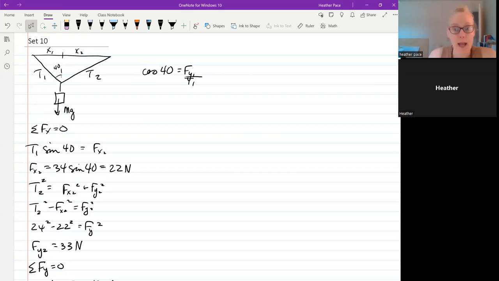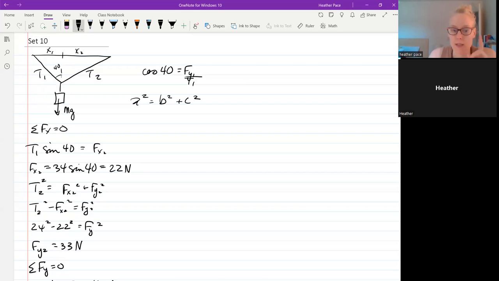So given that, now we can solve for both of the y components of the force within the strings. We couldn't do that before because we only had one angle. So again, we know this. Using that, we are going to find Fy.